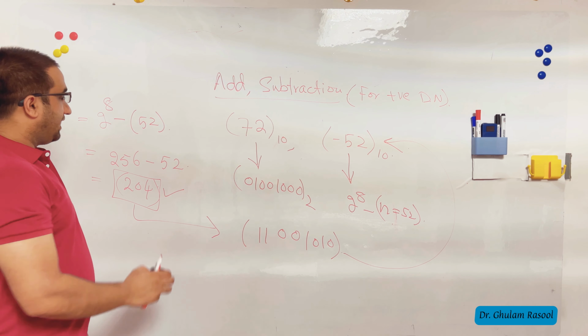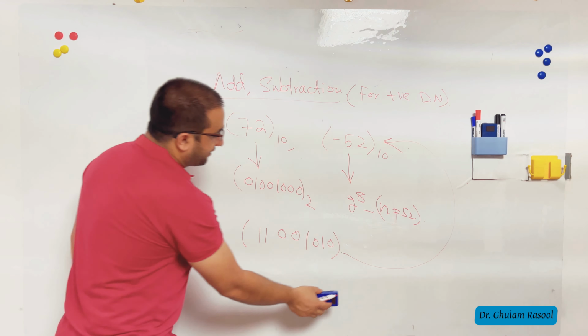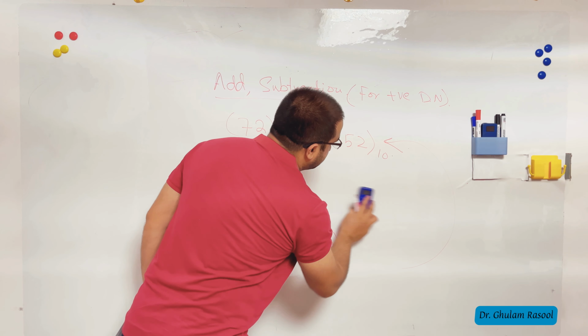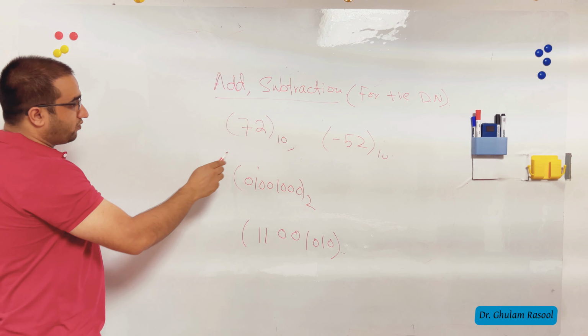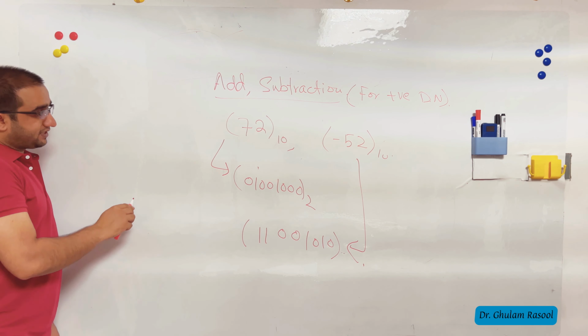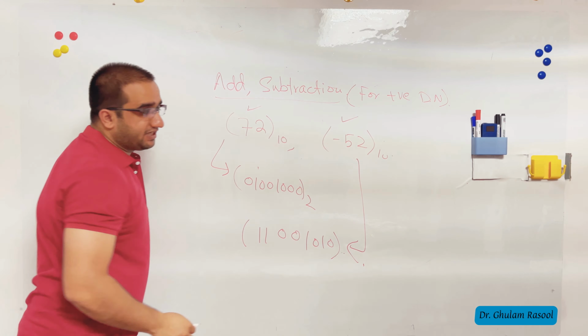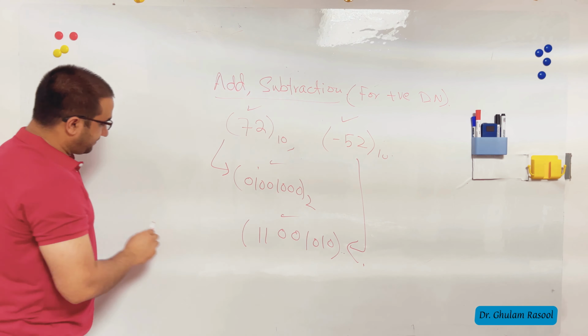So I have found both binary numbers for our question, and the question was to add these two and give me the result in binary. So I can simply add these two numbers now.